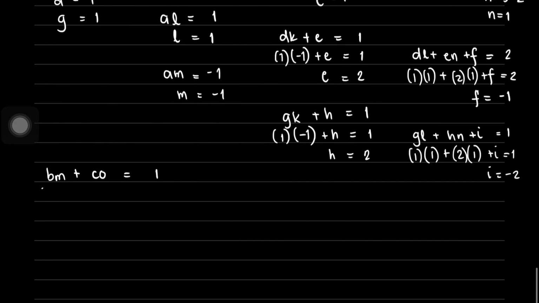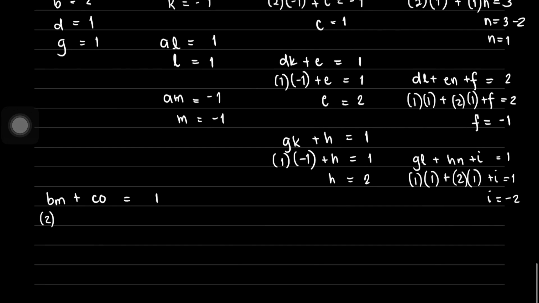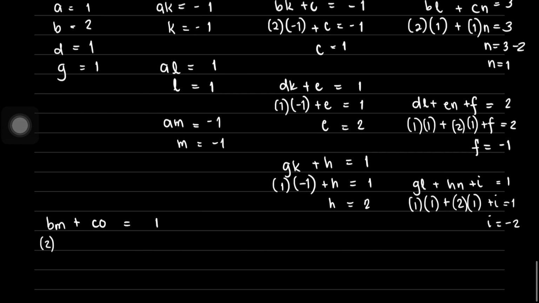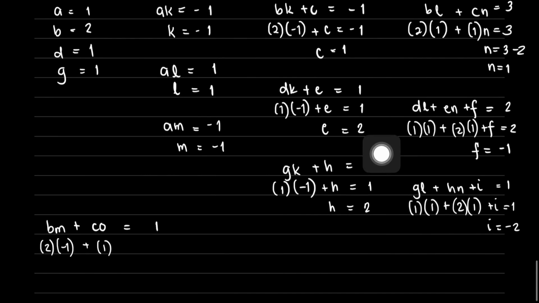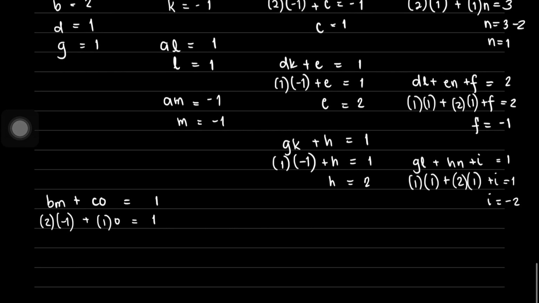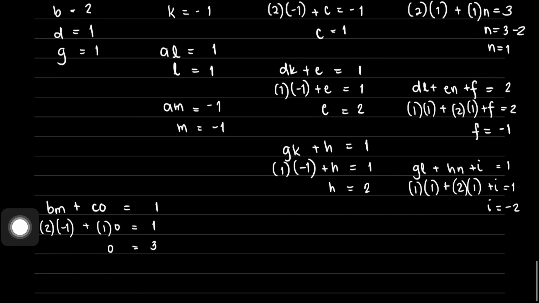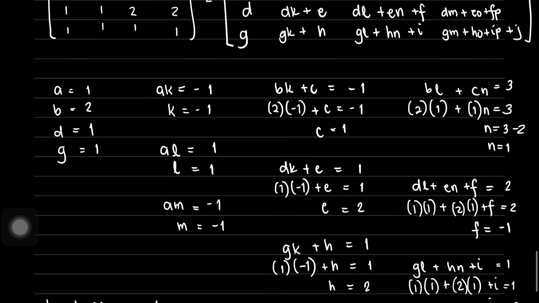B is 2, M is negative 1, plus C, our C here is 1, times O, which is the unknown. This is equal to 1. So that's negative 2 plus O equals 1, and transposing to the other side, we have 3. So O is equal to 3.